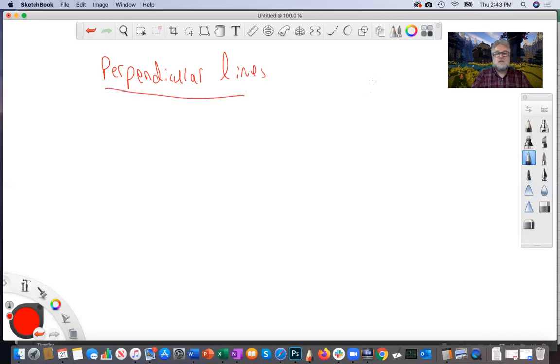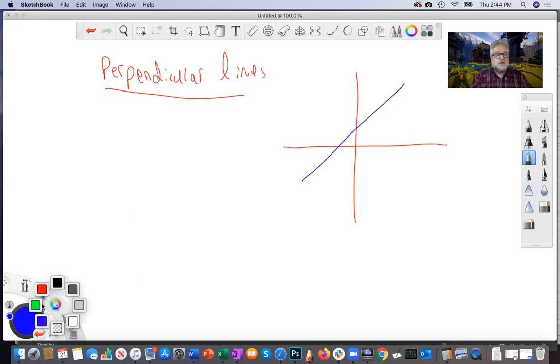So perpendicular lines are different than parallel lines because they're not parallel, they're perpendicular. So here's one, there's a line, and then here's a perpendicular line. Hopefully I drew it, yeah, it's pretty good. This is a right angle between the two of them.